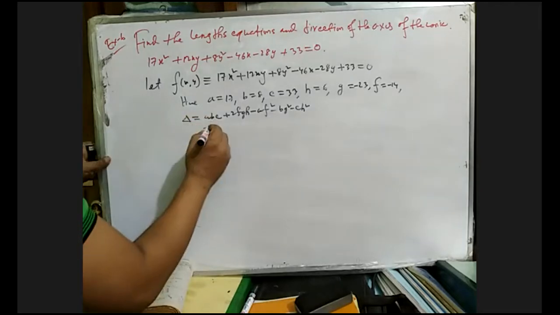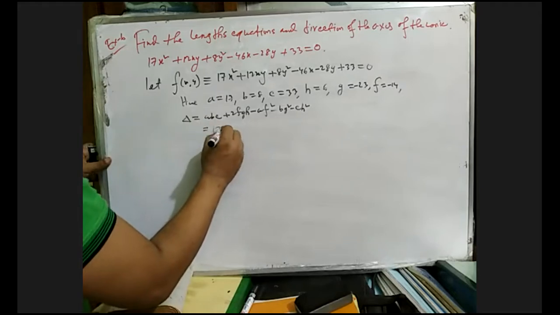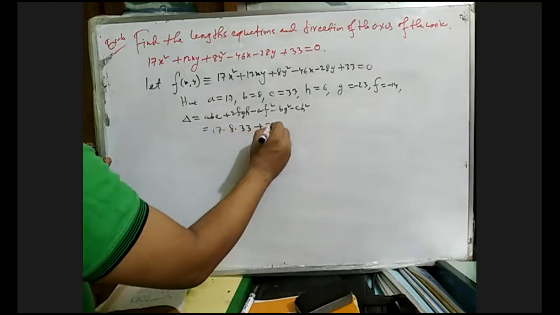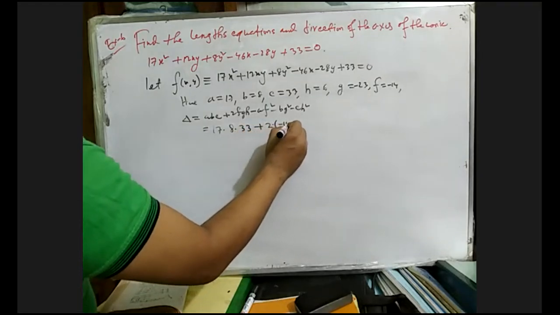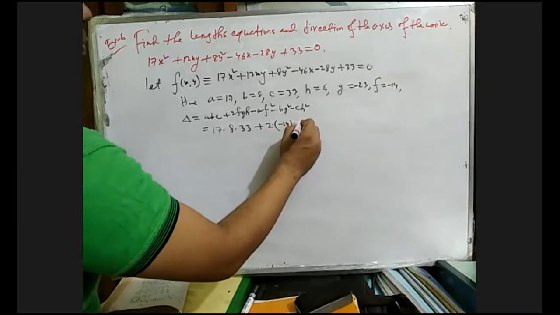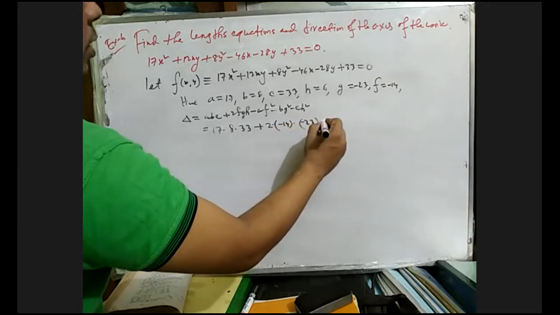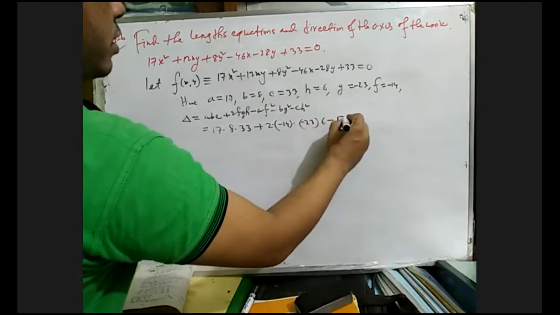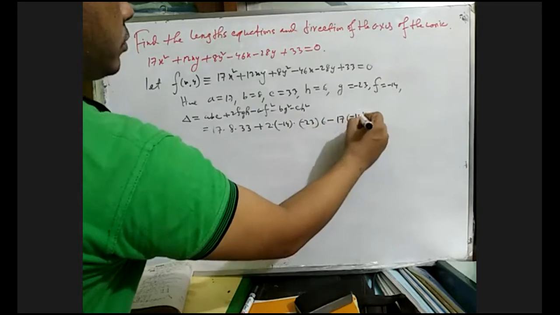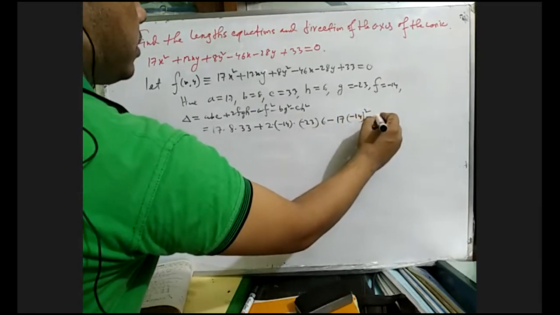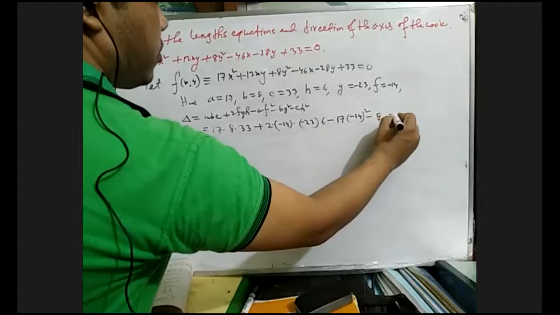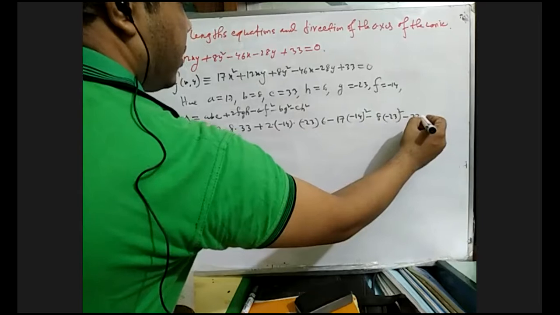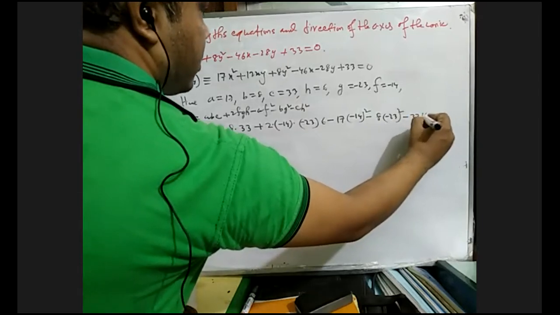Just putting the values: 17 into 8 into 33 plus 2, f value minus 14, and z value minus 23, a's value 6 minus 17 into minus b, z value minus 23 minus 33, a's value 6.